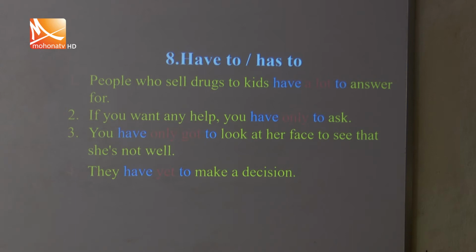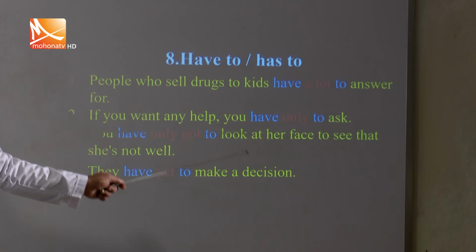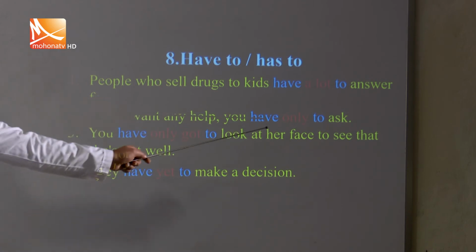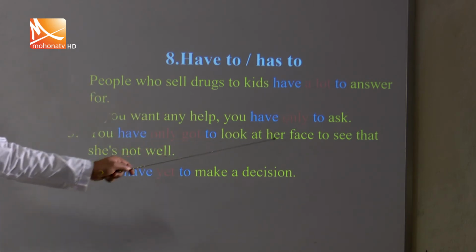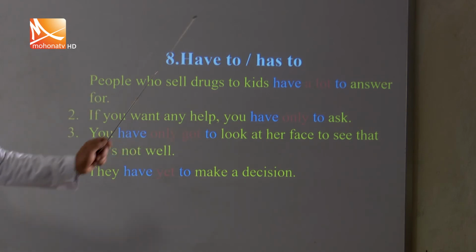If you want any help, you have only to ask. You have to ask is a kind of pressure, but this is an easy thing to do when we use only between have to. So, you have only to ask. This is just easy work, you need to ask.